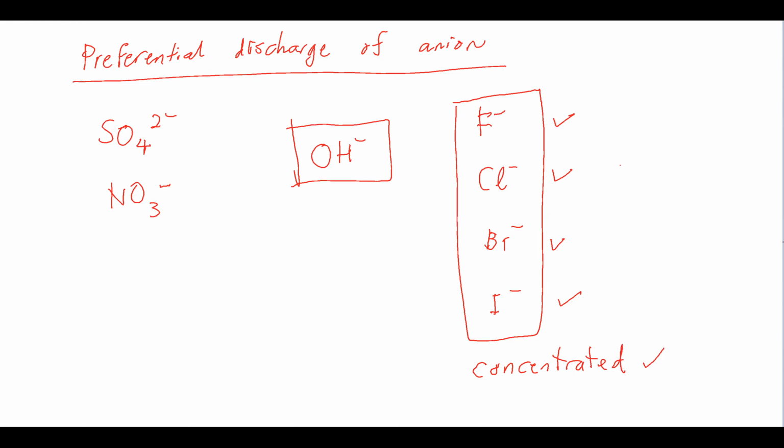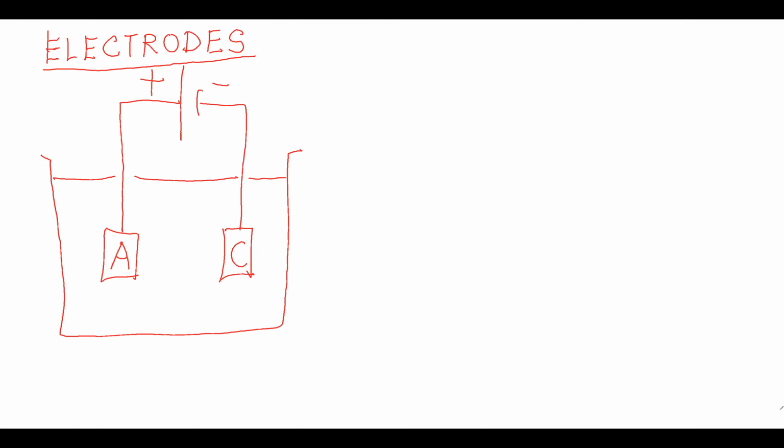However, when the solution is dilute, so in a dilute solution of fluoride or chloride or bromide or iodide, then the hydroxide ion will be discharged. So in a dilute solution of the halide ion, the hydroxide ion will be preferentially discharged.